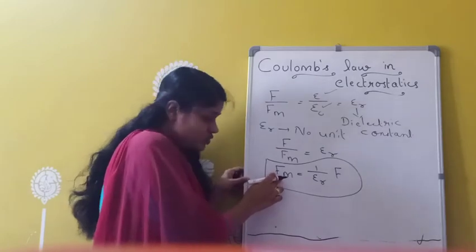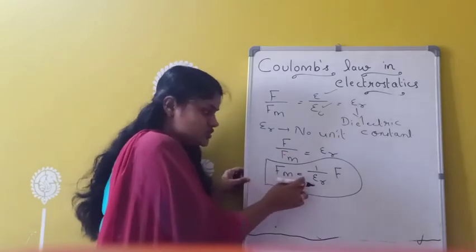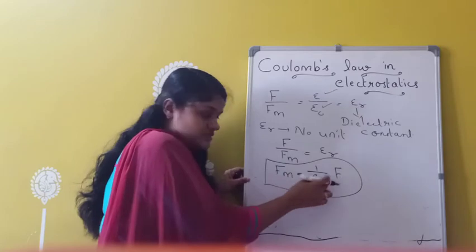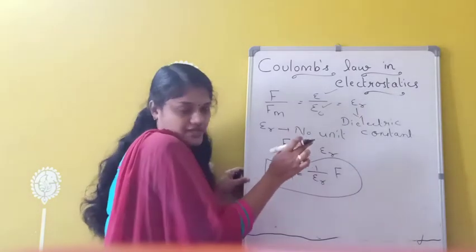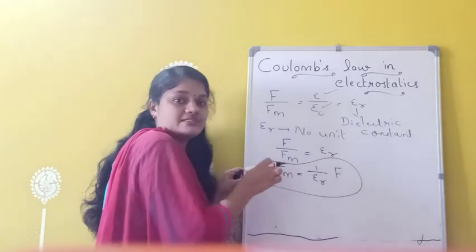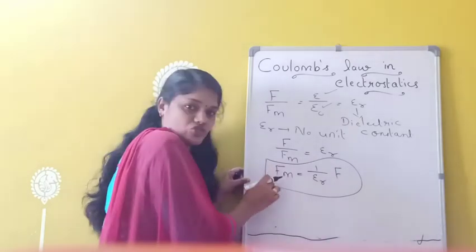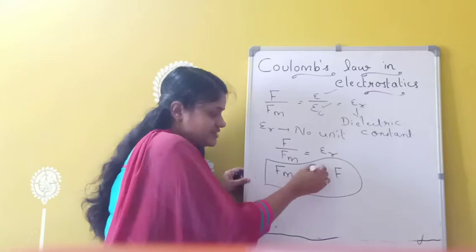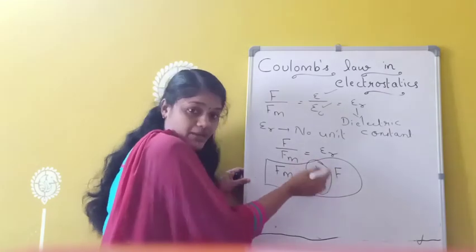The electrostatic force in any medium is equal to 1 by epsilon r times the force in air or vacuum. That means force will decrease. Whenever we place the charges in any medium, the electrostatic force will decrease, by a factor of 1 by epsilon r.